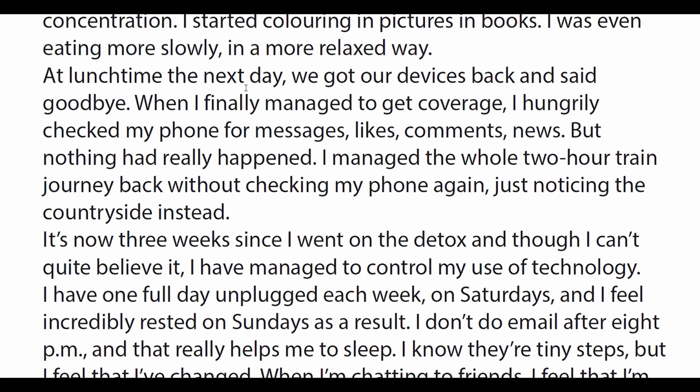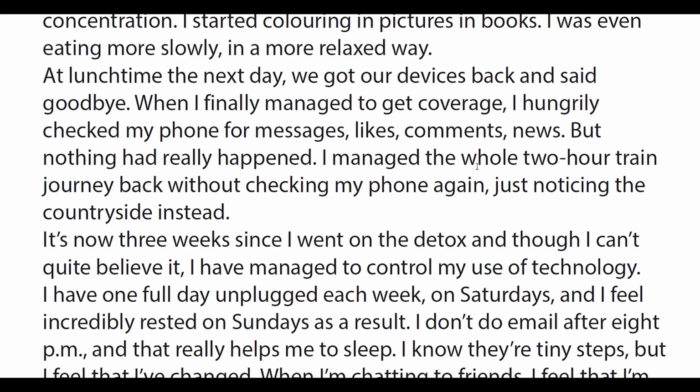Дальше, в обеденное время на следующий день, мы получили наши девайсы назад и сказали «прощайте». Когда я наконец-то смогла get coverage, то есть имеется в виду, когда телефонная связь появилась, я hungrily, то есть жадно, можно так перевести, но это как голодно, жадно проверяла мой телефон, сообщения, комменты, новости. Но ничего реально не случилось.